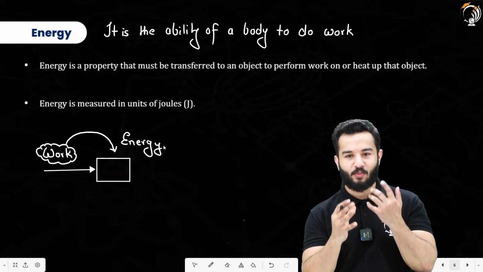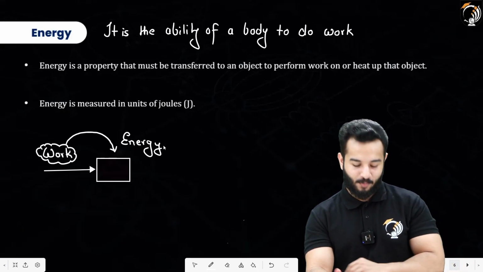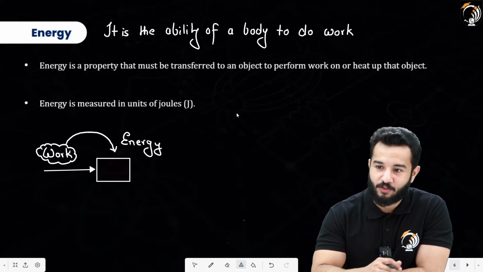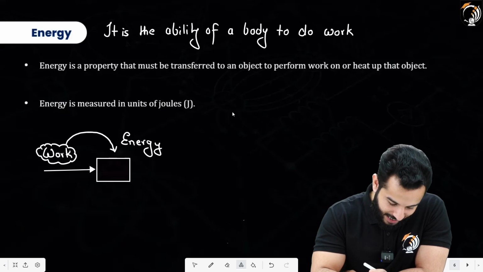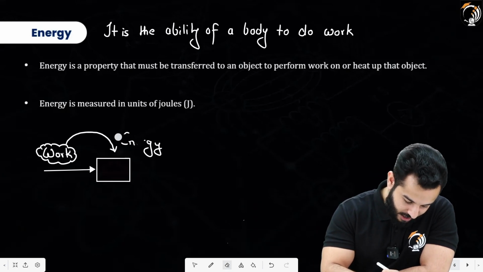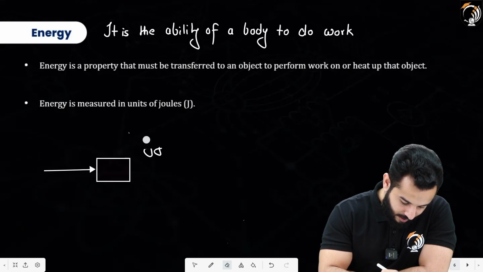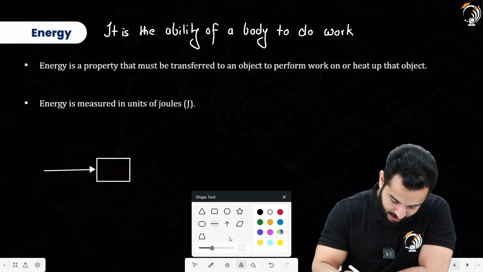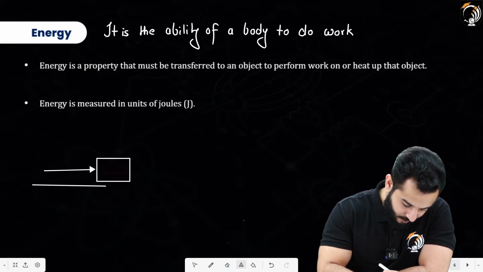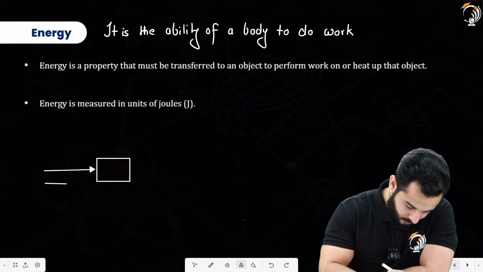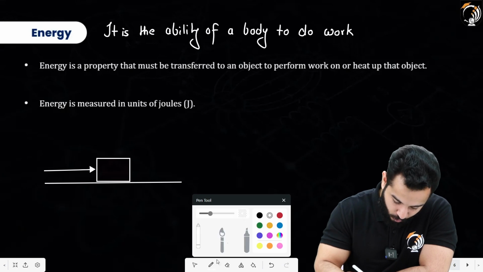So I'm going to start with some of the most simple examples, and we are going to talk about all of these energies in detail as well. Let's suppose that we have got a body kept like this, and a force acts on it.